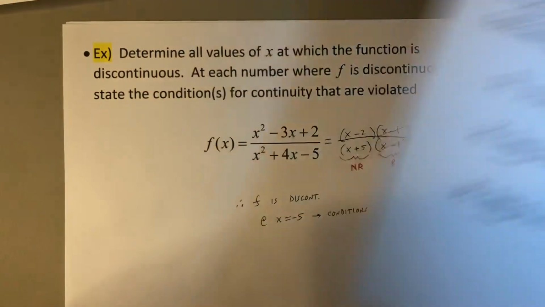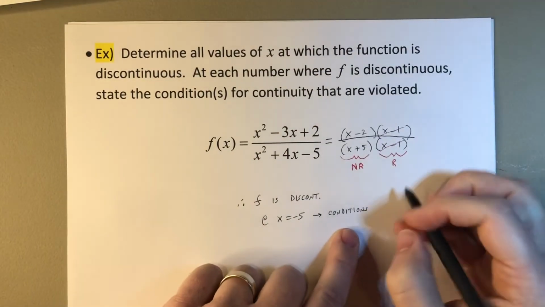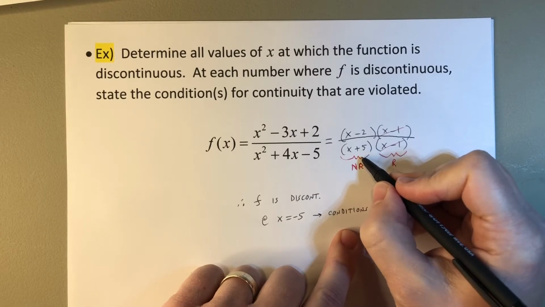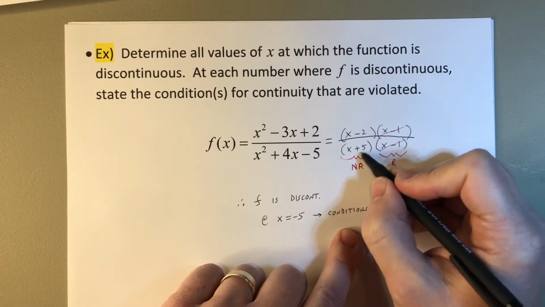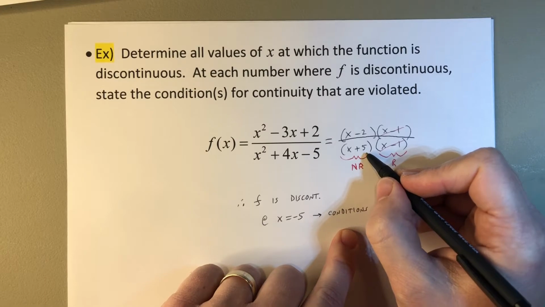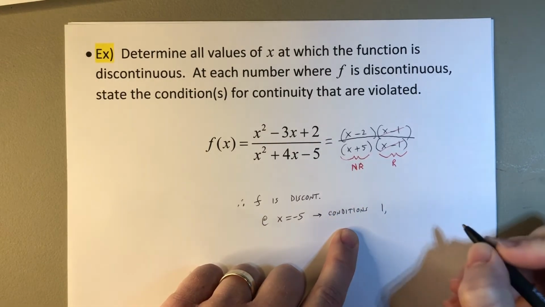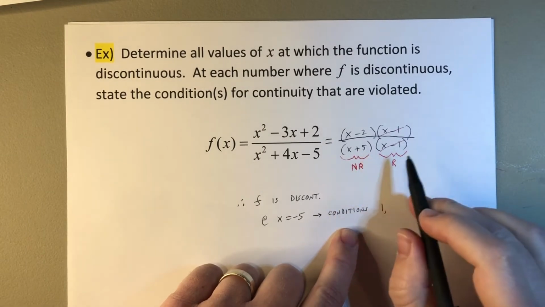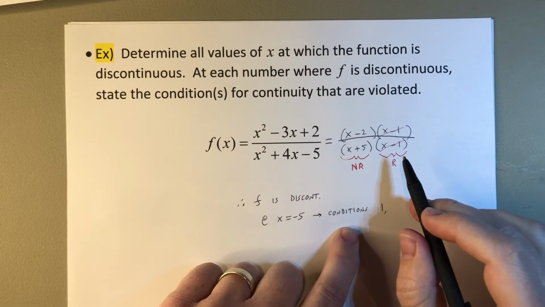1, 2, 3, okay? So in this case, because the factor x plus 5 only occurs once in the denominator, it's undefined at -5. So f of -5 does not exist. It's undefined. So condition 1 is violated. Furthermore, the limit here is not going to exist based upon it being a rational function.